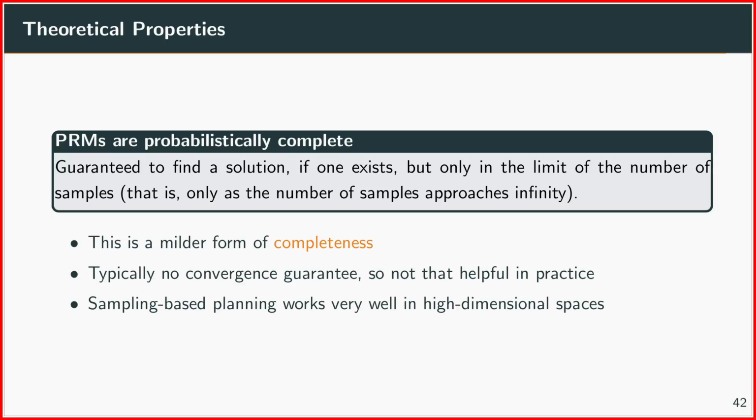So that is why there are some approaches which, for example, do some kind of lazy collision checking, where they only check in the end when you found a path, if this path is in collision or not, or where you just do some approximate collision checking, where you do some discretization of each of the edges, and you check if it's okay, and if it's okay, you go on, and in the end, you do another very, very finely grained collision checking to really make sure that the final path is collision-free. And if it's not, then you can always backtrack, throw edges away, and do the computation again and again.